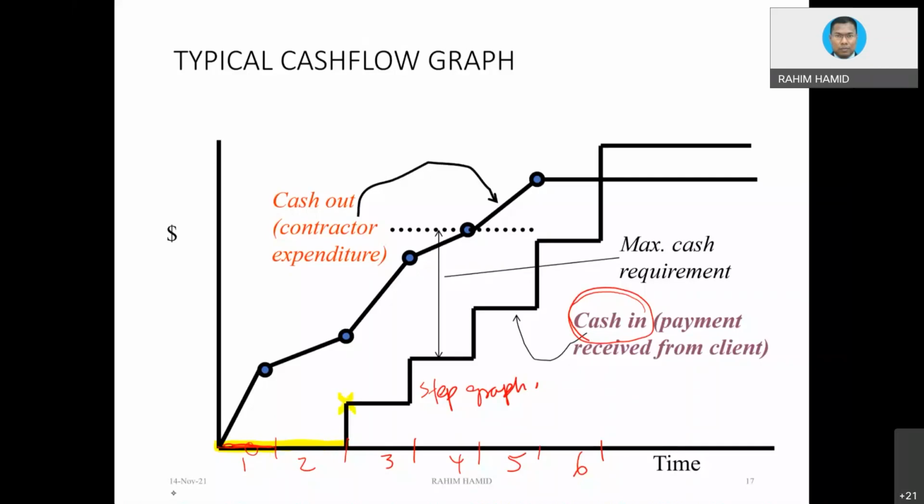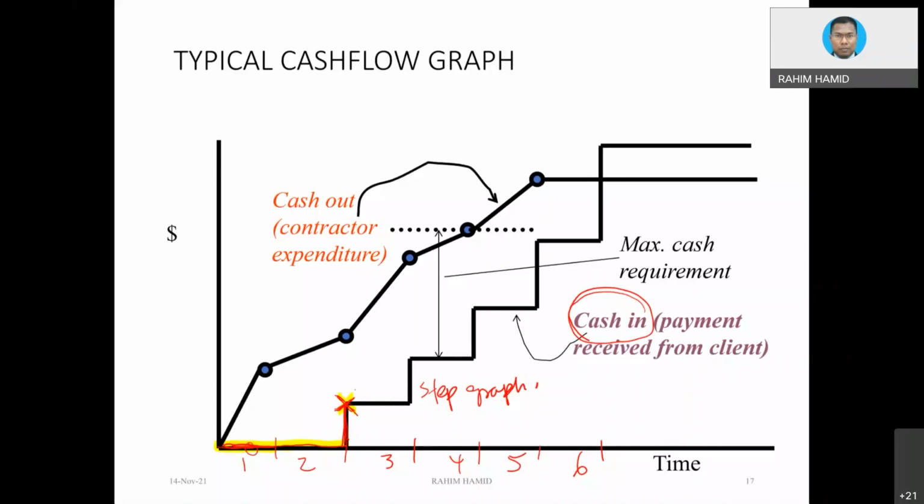Let me mark here. There is a value. Only a one-time payment, and it depends on how much. So that's why when you draw the graph, suddenly there is a vertical line there, because previously from the first month until the second month there is zero, and now you get payment. So that's why there is one line there.